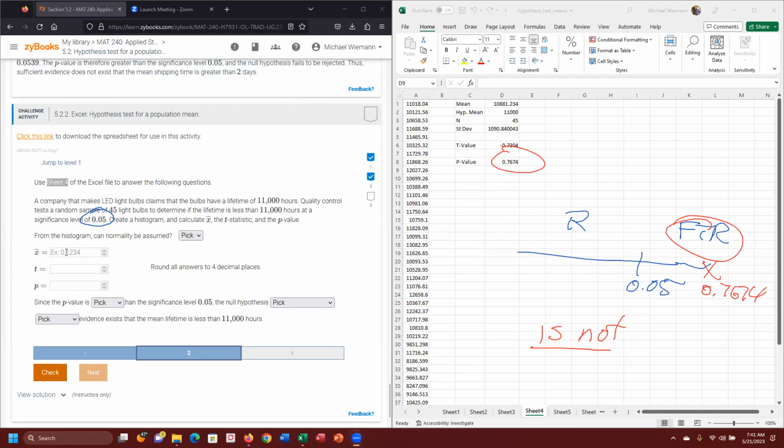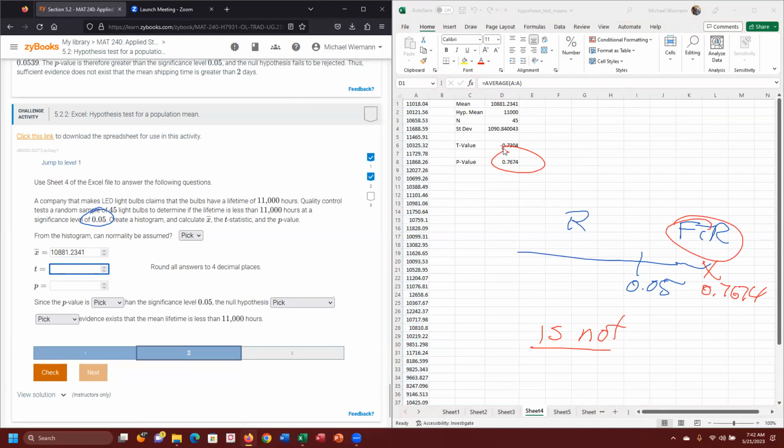All right, so I think I got everything I need to do the calculation. X bar is going to be this value, and they want it to 4 decimals. Actually, I'm going to have to come back up here. Let's make sure we're rounding this accordingly. So let's see here. We're going to increase that by 1. There we go. So we got 10,881.2341.